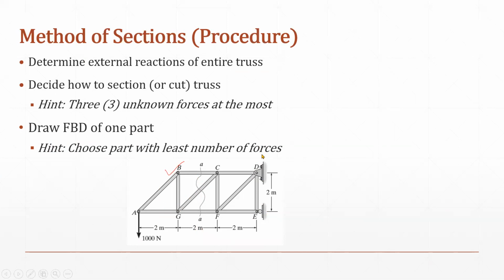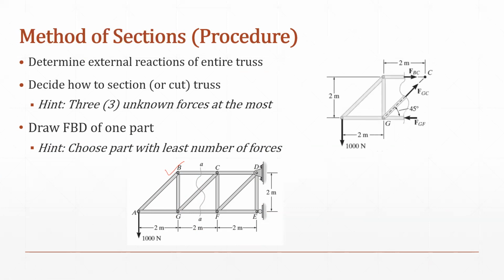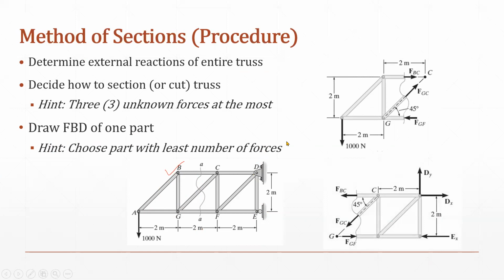I will show you both the right hand side and left hand side free body diagrams, and you can see we will be choosing the left side part, because in the left hand side part there are only 4 forces: FBC, FGC, FGF and the external load of 1000 Newton.